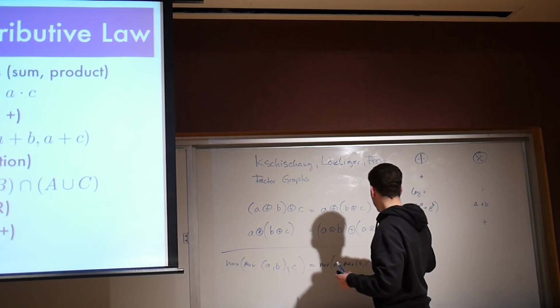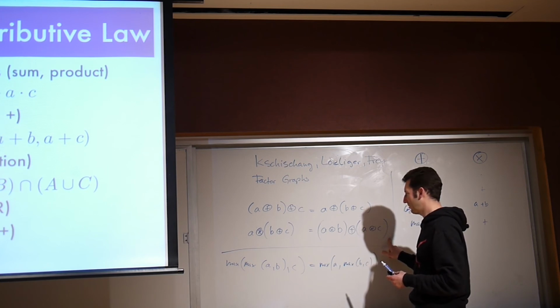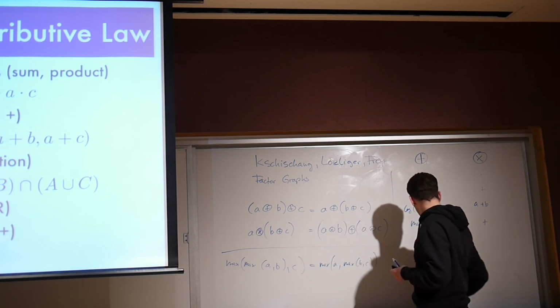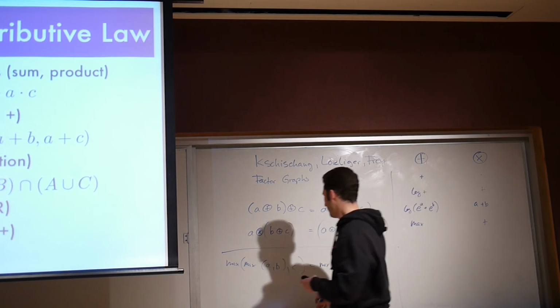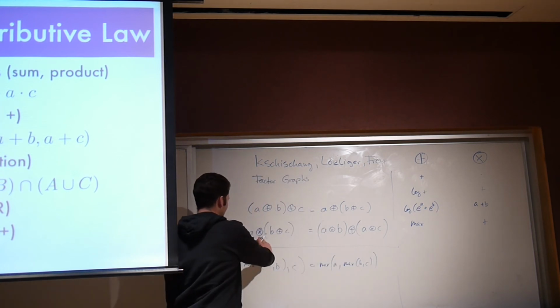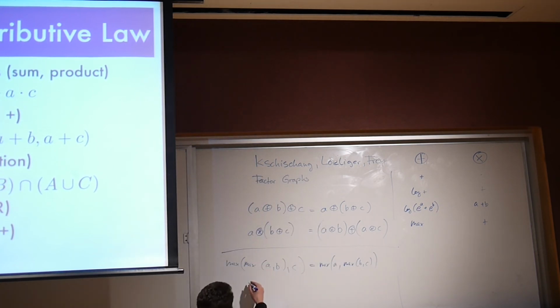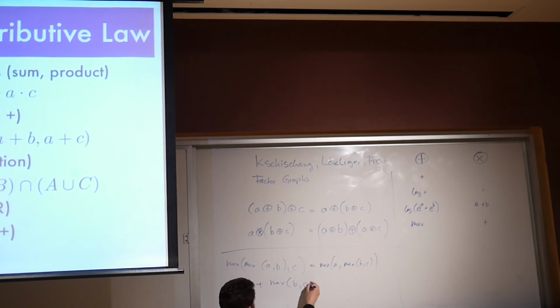Now the distributivity is going to be a little bit more fun. So what we get for distributivity is A times, so we have A plus the max of B and C. Right?